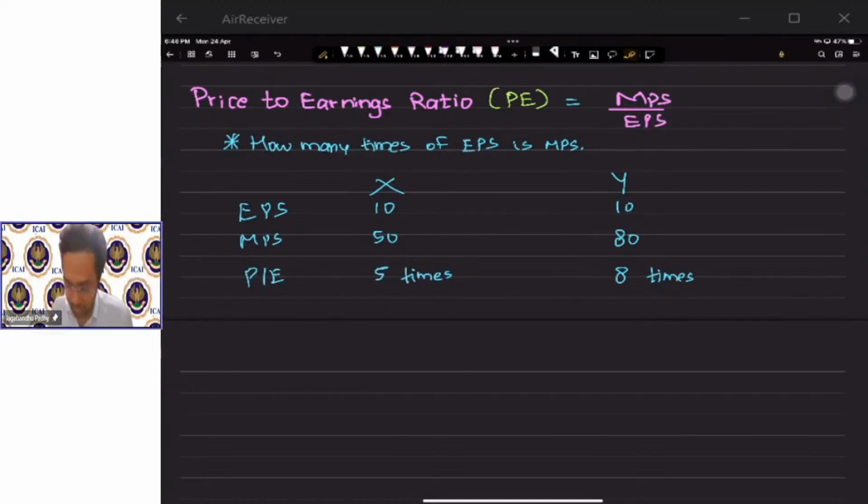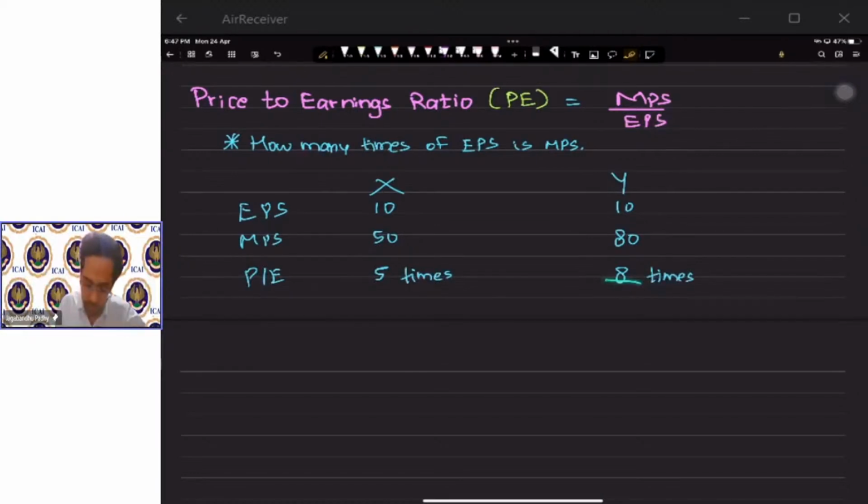So yes, we can say it is company Y which has greater investors' confidence. That is 8 times, right? Because it is 8 times.